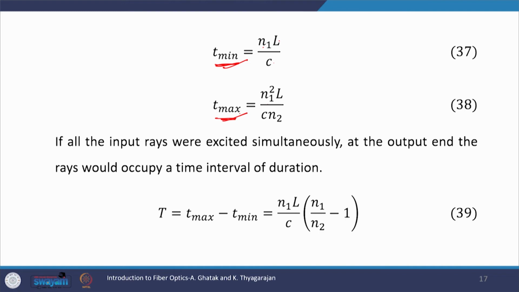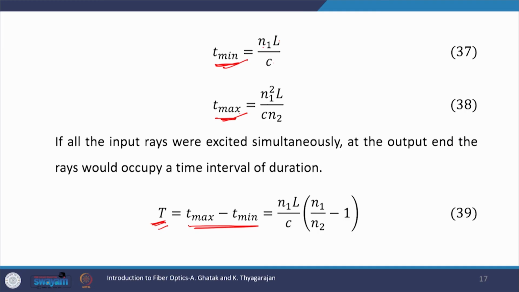Now, if all the input rays were excited simultaneously, at the output end the rays would occupy a time interval of duration this. We launched a cone of rays, and they coupled inside the fiber, varying from theta equal to 0 to theta equal to theta C, and if all the possible paths are filled with rays, then at the output we will receive rays at varying times, between T max and T min.